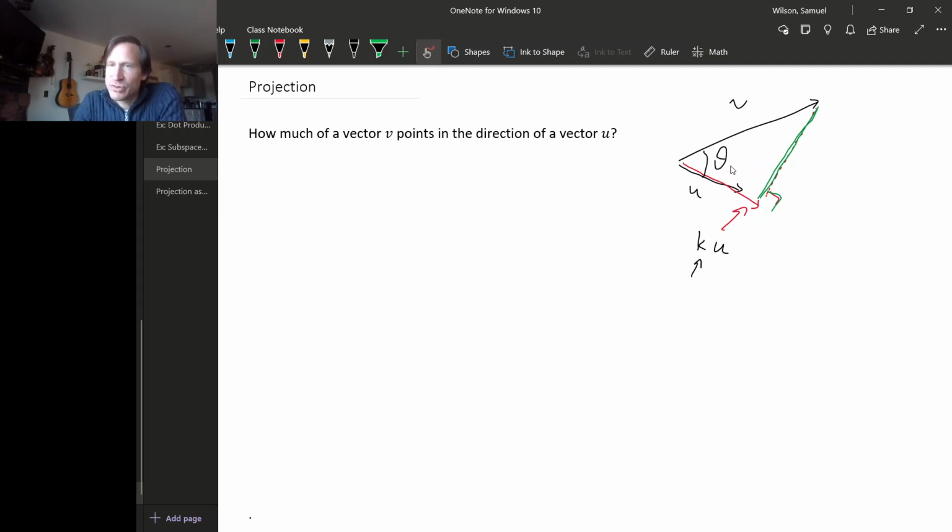Okay, so let's see. The length of this top side is just the magnitude of v. And then the length of this bottom red side that we're looking for is the magnitude of ku, and that's the absolute value of k times the magnitude of u.